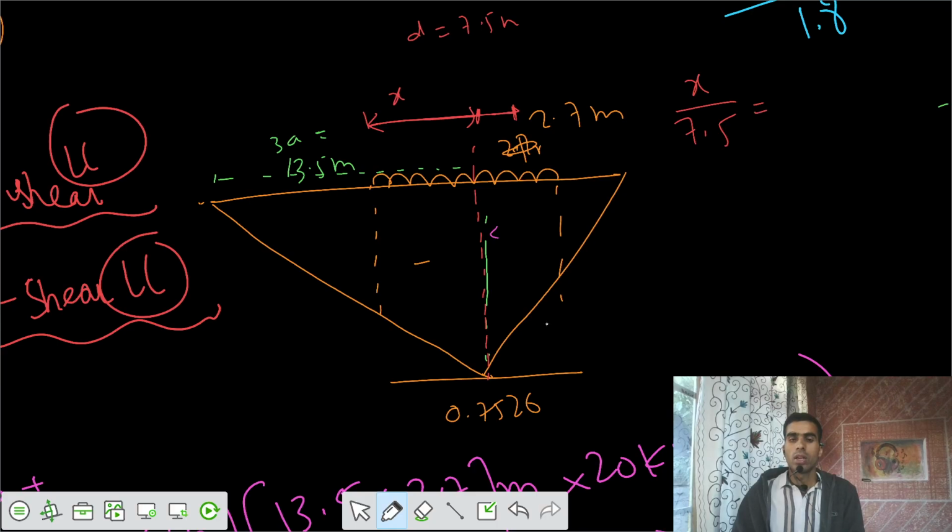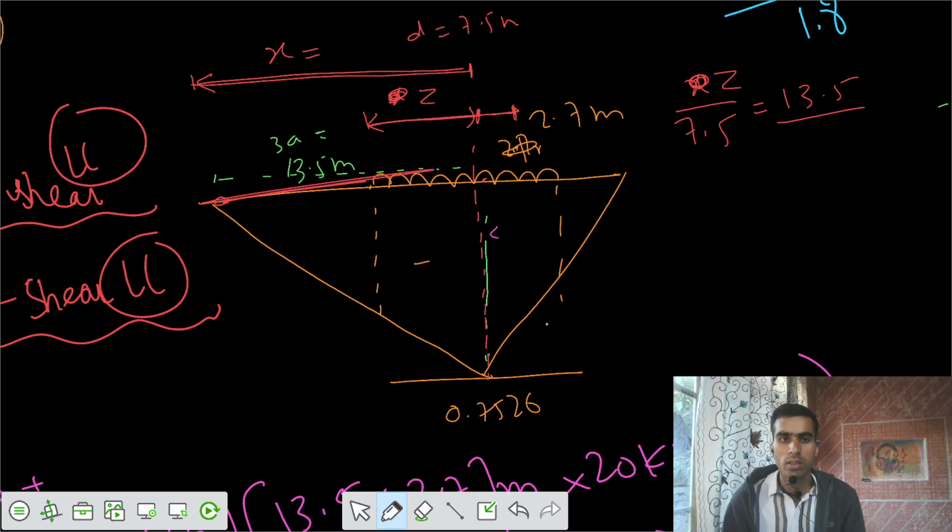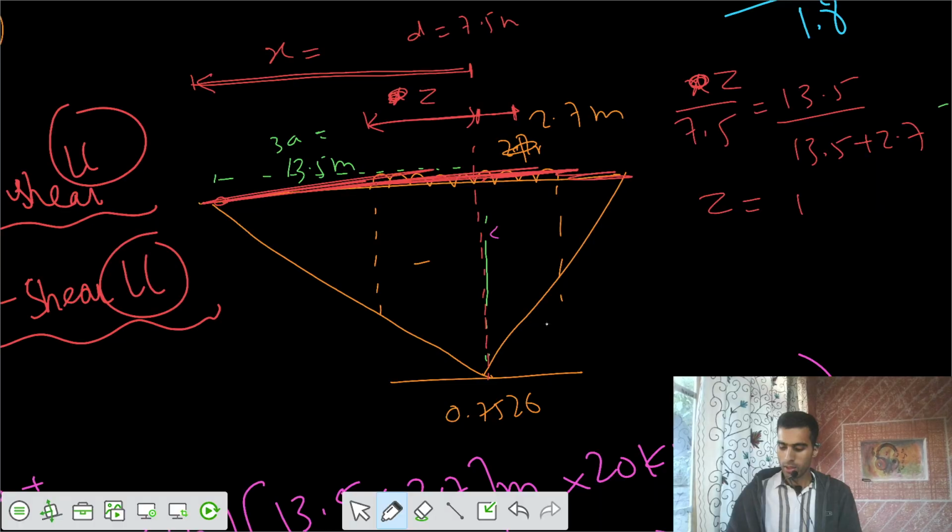What is the length we have up to this point? We represent this one by z. That's 13.5 divided by the total length, which is 13.5 plus 2.7. So you can get that z value equals 6.25.